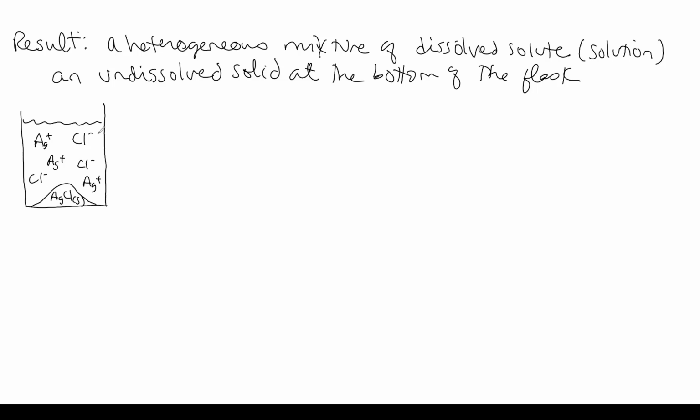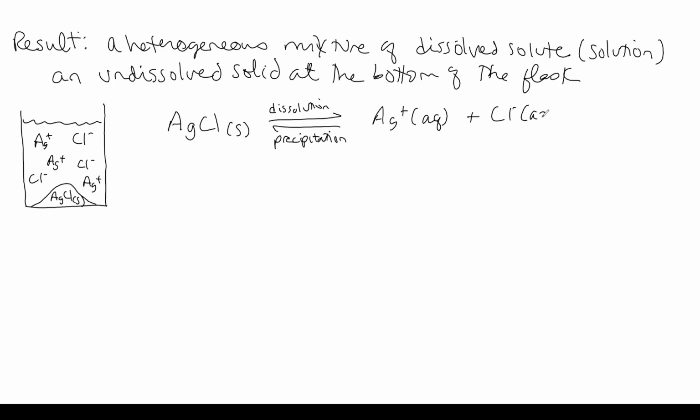Let's write the equilibrium equation that we're going to be looking at. And that's this silver chloride. In the forward direction, we're going to have dissolution. In the backward direction, we're going to have precipitation. And here are our ions in solution.